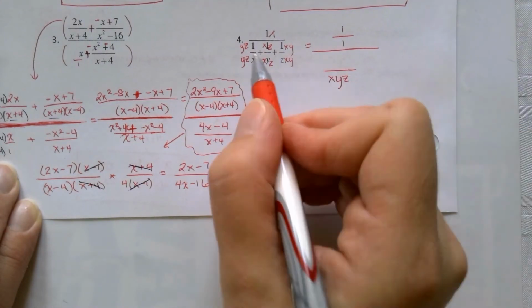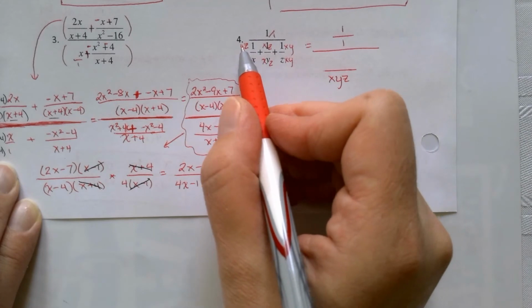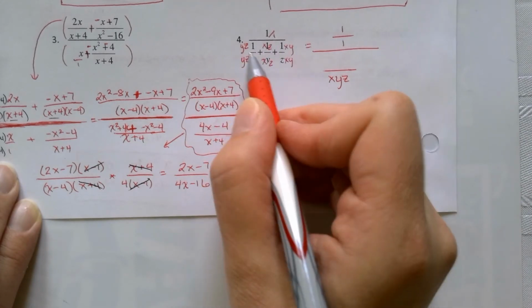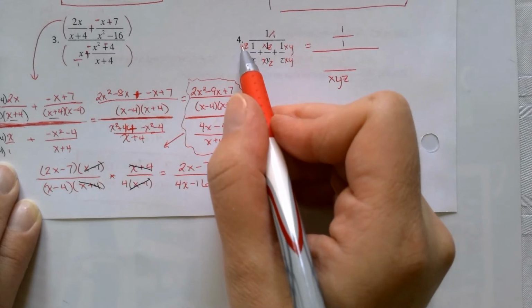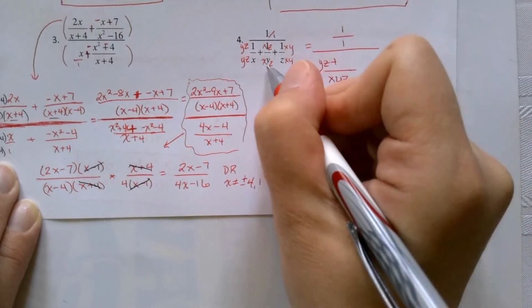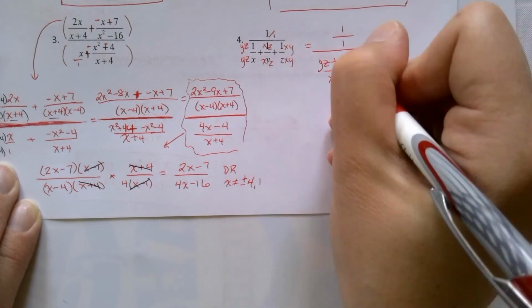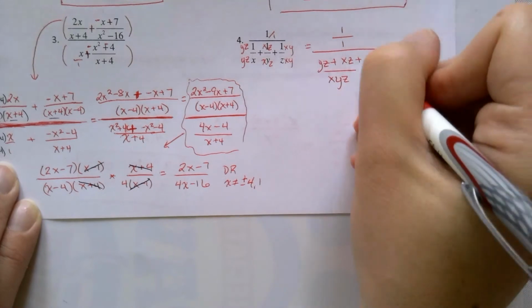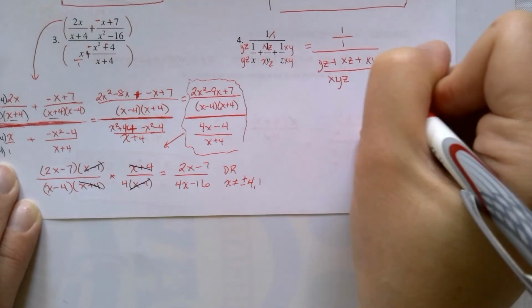Once we get our common denominator, we just sort of funnel it down to one piece. The numerator is right here. It's one of these plus one of these plus one of these. So since this had an x, I had to put the yz on it. So it's yz plus, this had the y, so I needed the xz, plus this had the z, so I needed the xy. That's it.